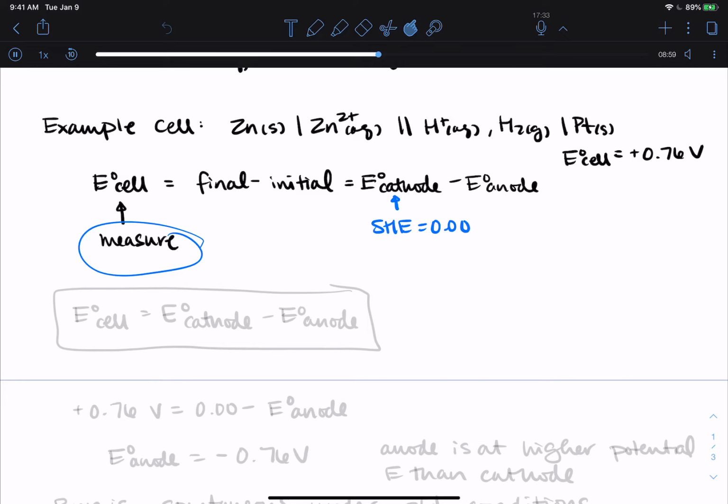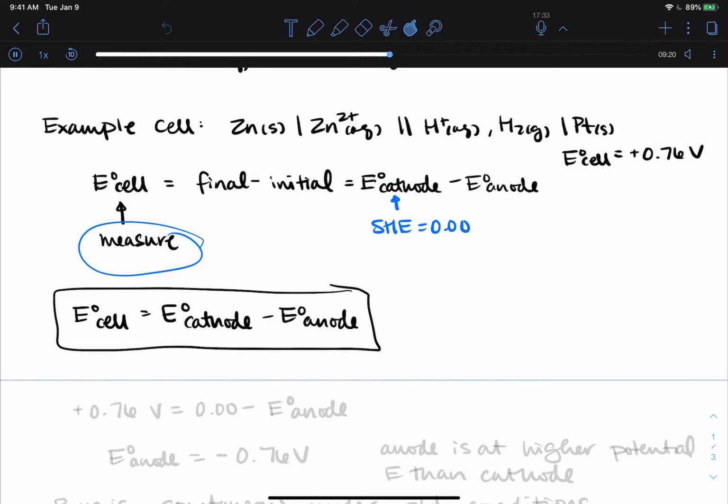So in the case of this zinc cell that we've set up, just rewrite this. My standard cell potential is the cathode value minus the anode value. This is the equation that you'll find in your equation sheet. For the zinc cell, plus 0.76 volts is what we measured.